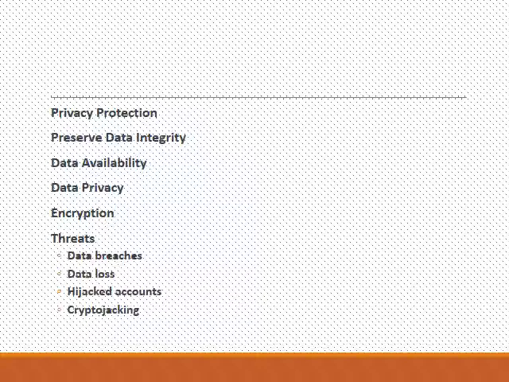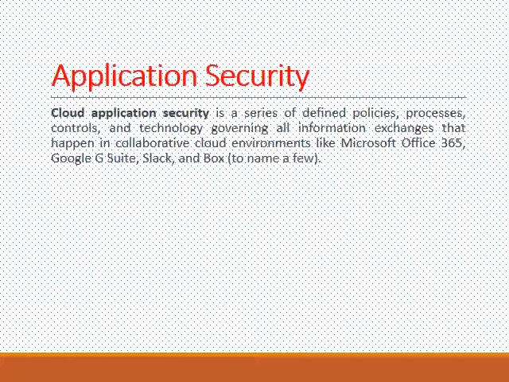Account hijacking: all it takes is one lost notebook for someone to get into your cloud provider. Cryptojacking is the act of taking over your computer to mine cryptocurrency, which is a very compute-intensive process. Monitoring for unusual compute activity is the key way to stop this.